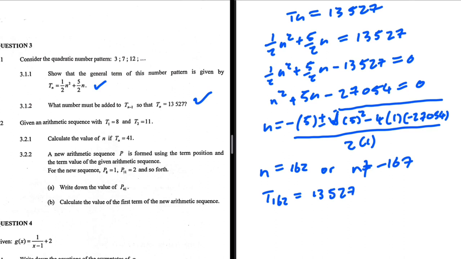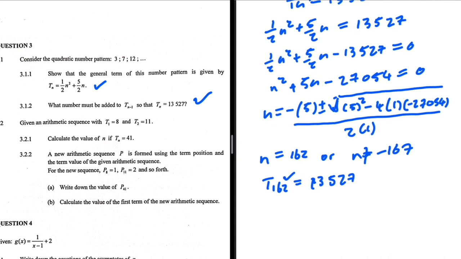Let me verify and see if I'm not making a mistake. I'm going to substitute 162 into tn. So a half multiplied by 162 squared plus 5 over 2 multiplied by 162. Yeah, it comes back. I'm getting 13,527. So T162 is 13,527.